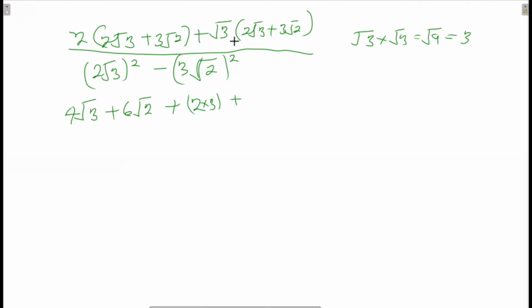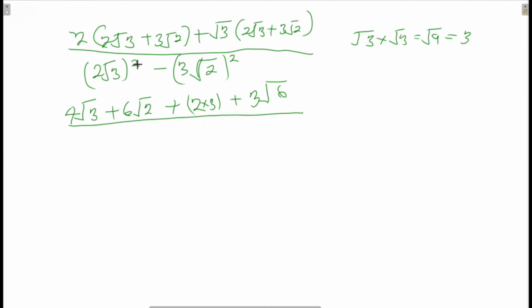Plus root 3 times 3 root 2. Don't forget I said the whole number outside this root 3 is 1, so 1 times 3 will still be 3. So root 3 times root 2 will be root 6. All divided by, now the first thing you are going to do here, 2 root 3 all squared.